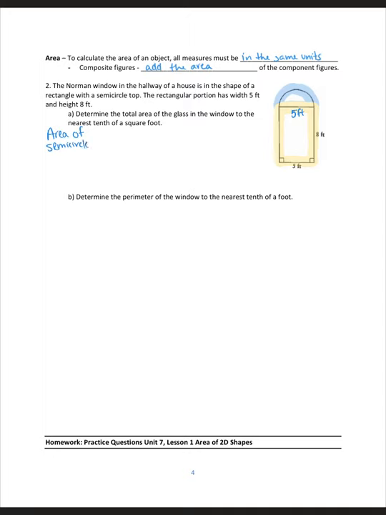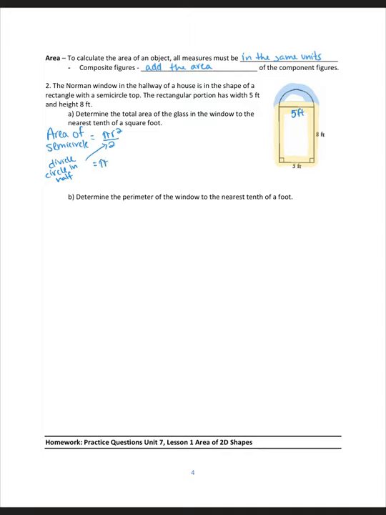Okay, so hopefully we remember that the area of a circle is just pi r squared, but this is half of a circle, so we're going to divide it in half. Divide circle in half. So if we were to calculate that, we need to determine what's our radius.